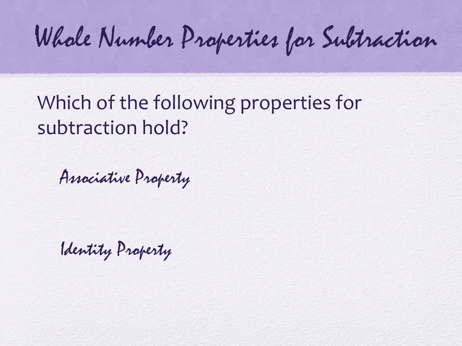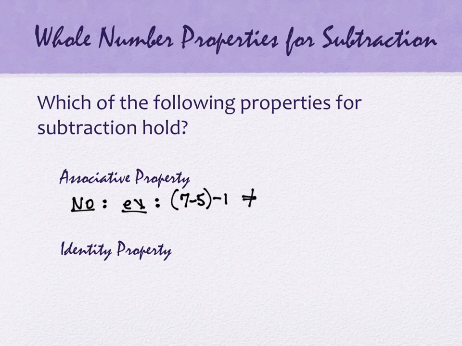How about the associative property? The answer is no. Do you want to try and create one for me, Abby? In parentheses, 7 minus 5, minus 1 does not equal 7 minus, parentheses 5 minus 1.